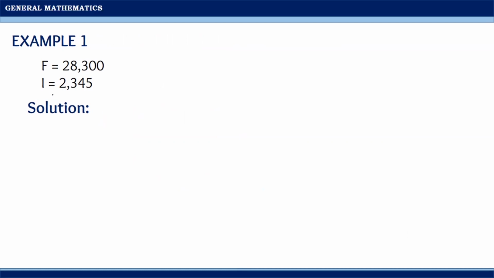Since you were given the future value and the interest, then the principal is equal to F minus I. Substituting the given on our formula, then we're gonna have 28,300 minus 2,345. When you subtract the two numbers, then the principal will be equal to 25,955.